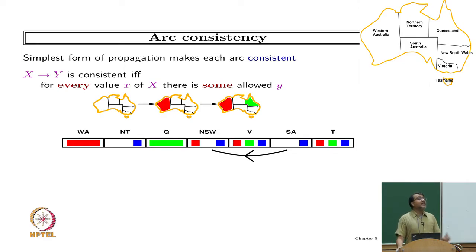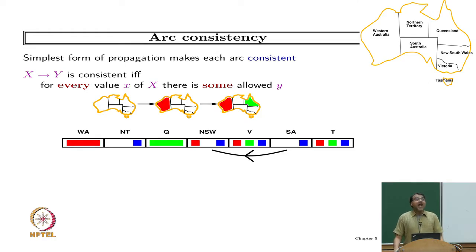If for some value of x there is no value of y, what can you say? Somebody raise their hand. If for some value of x there is no value of y, what does that tell me? That value of x is not possible, and if that value of x is not possible, we remove it.